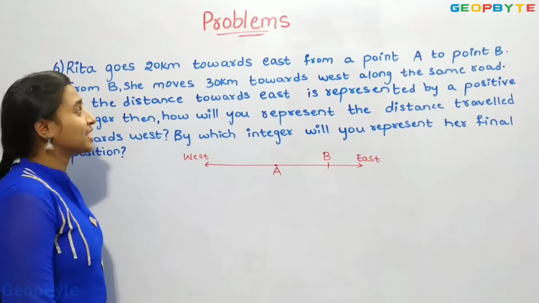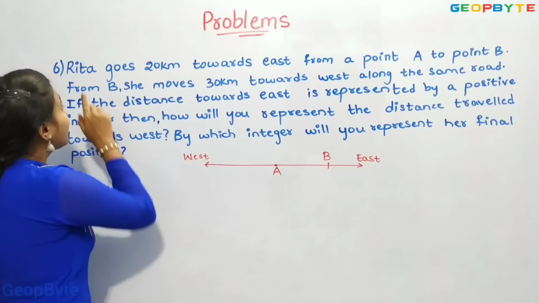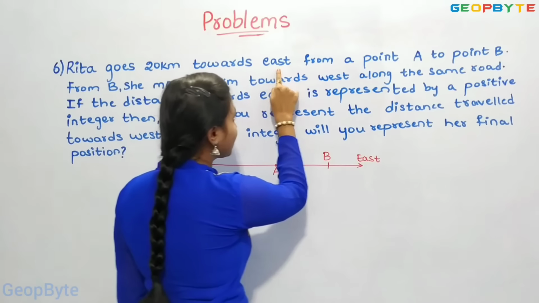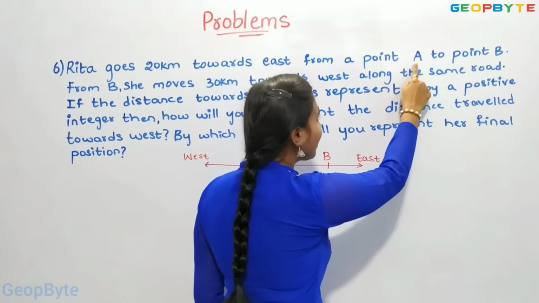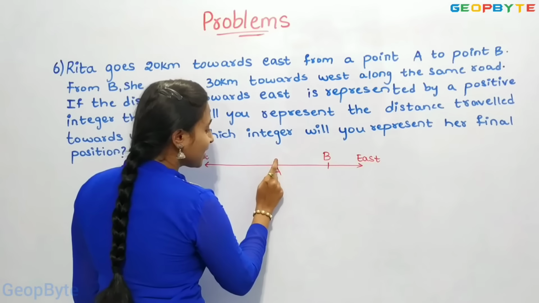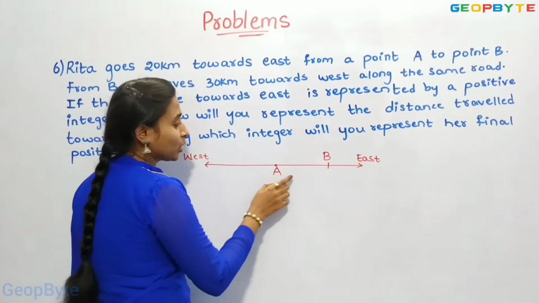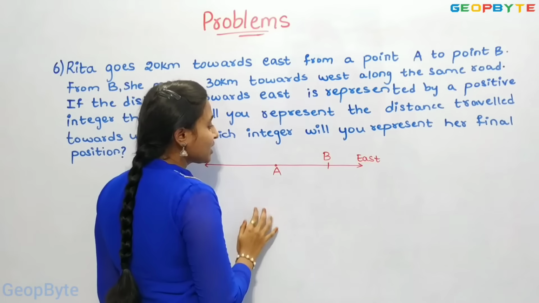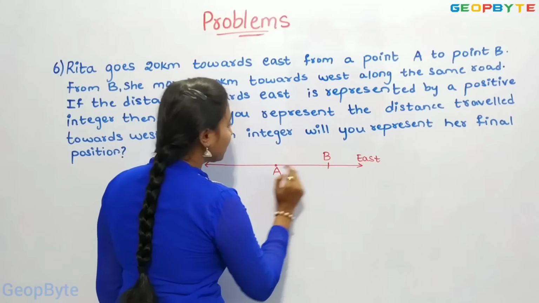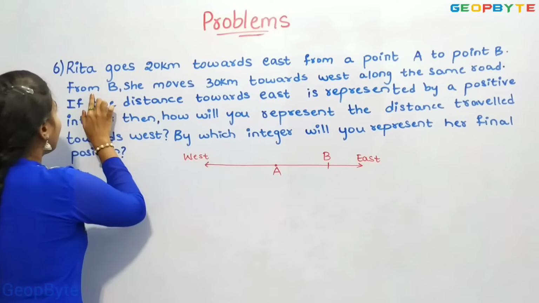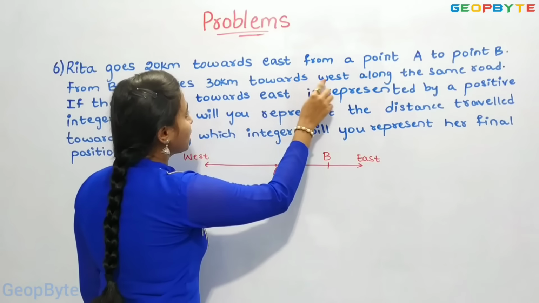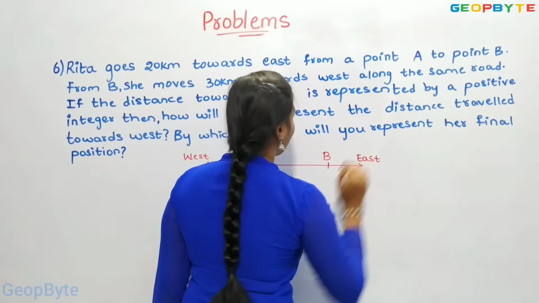Now, let us see sixth question. Rita goes 20 km towards east from a point A to point B. That is, Rita is here. She moves towards east, that is 20 kilometers distance from point A to point B. And from B, she moves 30 kilometers towards west along the same road.